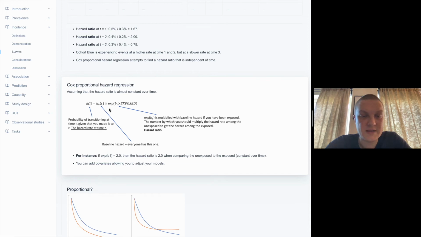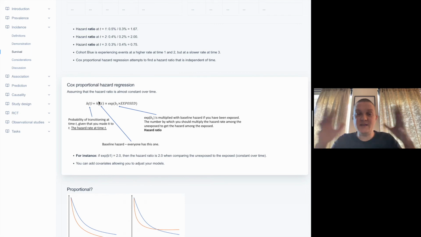On our right-hand side, there's this H0(t), and that's the baseline hazard. Everybody has this. This represents the overall hazard of this event happening. So we all have a baseline risk of cardiovascular disease.